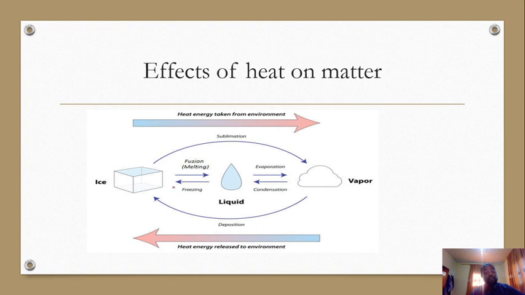If you freeze the liquid, it becomes solid. Sublimation is direct change from solid to gas. Deposition is direct change from gas to solid. I hope you understand it. It's very easy. Thank you very much.